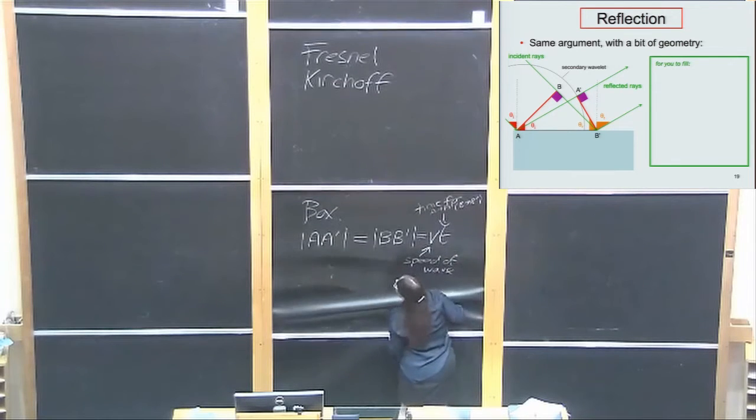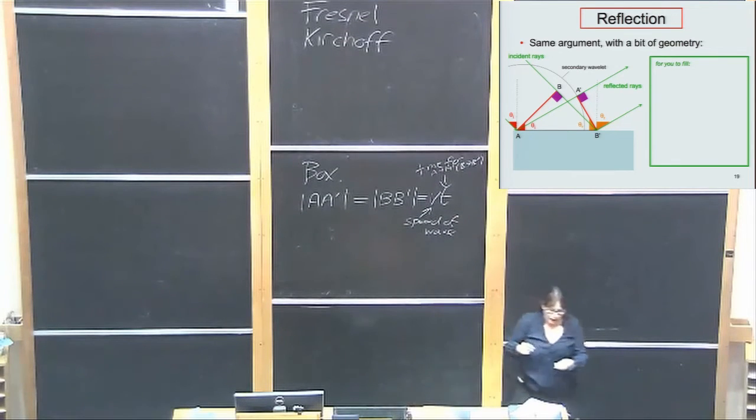Right, so does that make sense? So that length AA prime is the same length as BB prime because it's taken the same amount of time for the wavelength from here as it has for B to then get to B prime. Does that make sense?